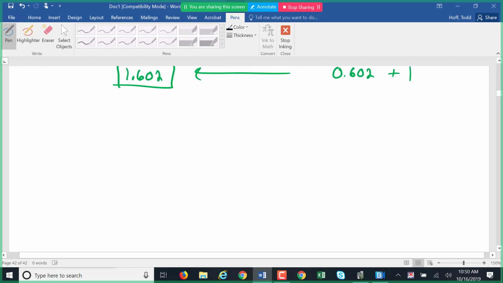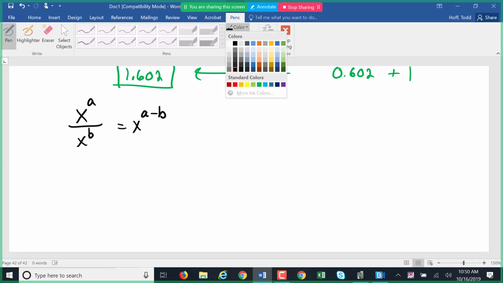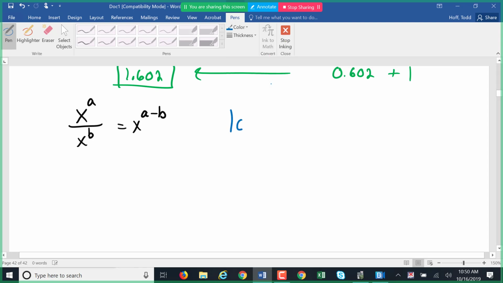Just like with our exponents, x to the a divided by x to the b is x to the power of a minus b. If I have log of a divided by b, I can break that down into log of a minus log of b.